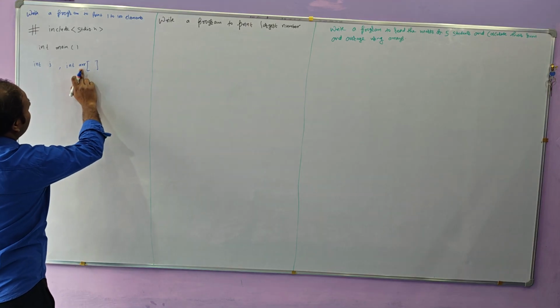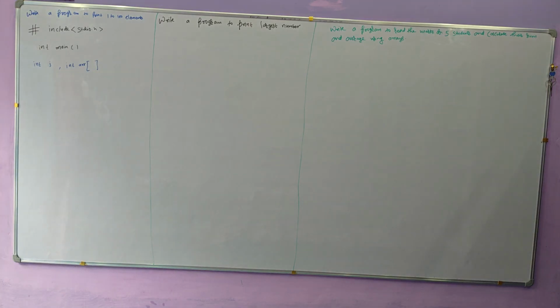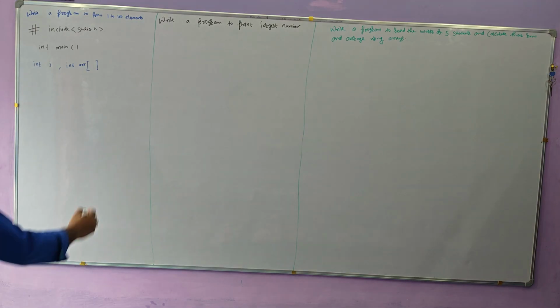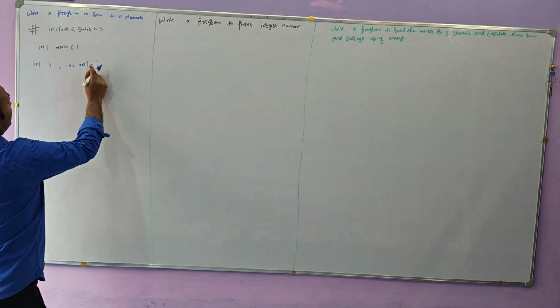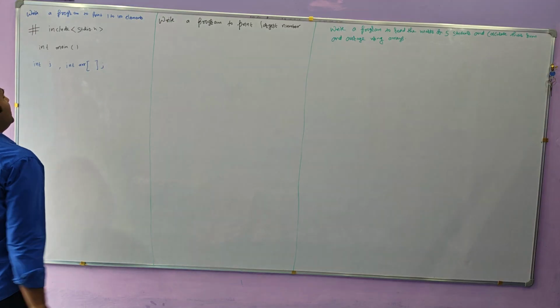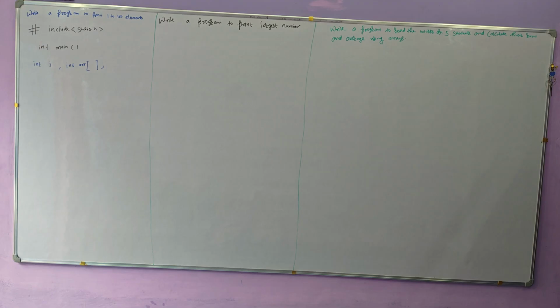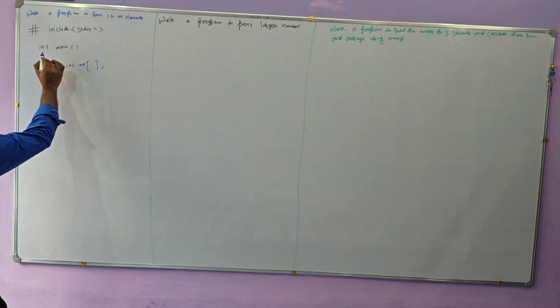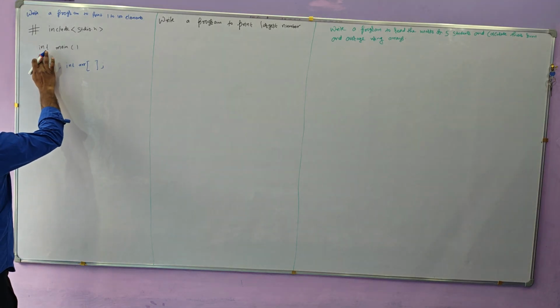This is the name of the array, and if we write 5, then the size of the array is 5. Semicolon. That's it. Int main begins the program with curly braces.